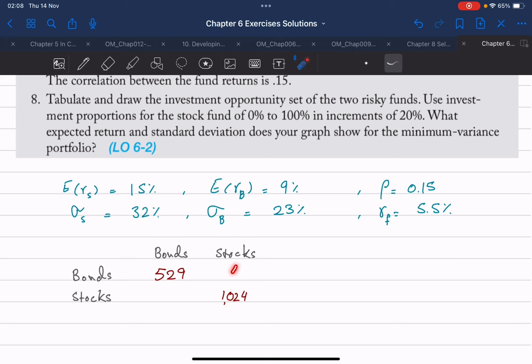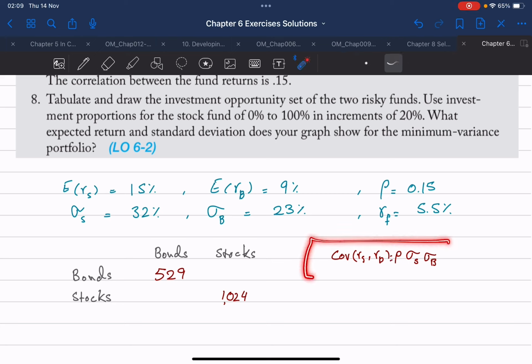Whereas for the intersections between bonds and stocks, we're going to use another calculation. We know that the covariance for two funds is equal to the correlation coefficient multiplied by the standard deviation of the first fund multiplied by the standard deviation of the second fund. So that's the covariance of two funds, one of them a bond fund and the other a stock fund.